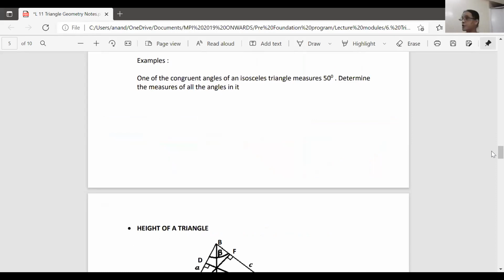Now let us do one question. One of the congruent angles of an isosceles triangle. The meaning of congruent is one with the same measure. Now when I'm saying isosceles triangle, when you draw so many isosceles triangles, we know that two sides of an isosceles triangle are of the same measure and the angles these two sides form with the base are also equal always.